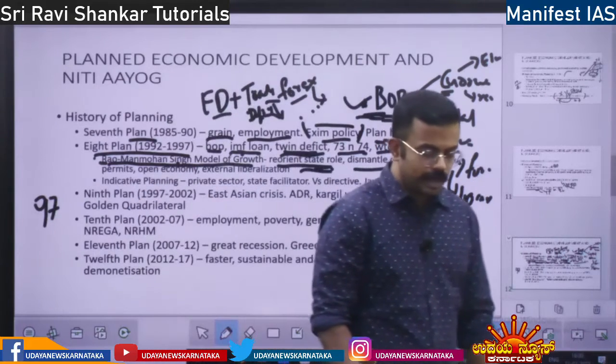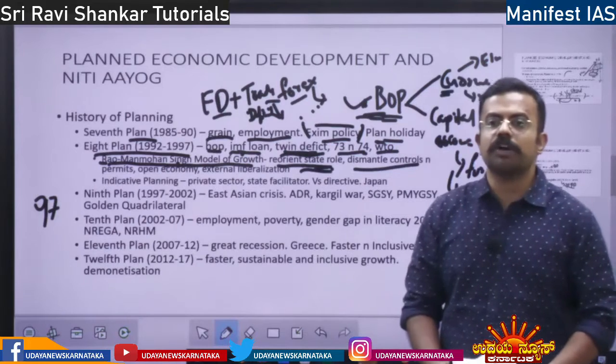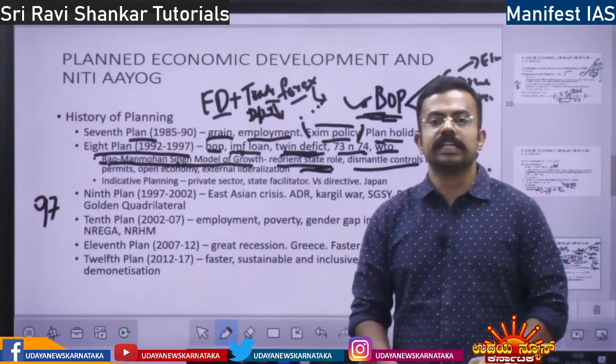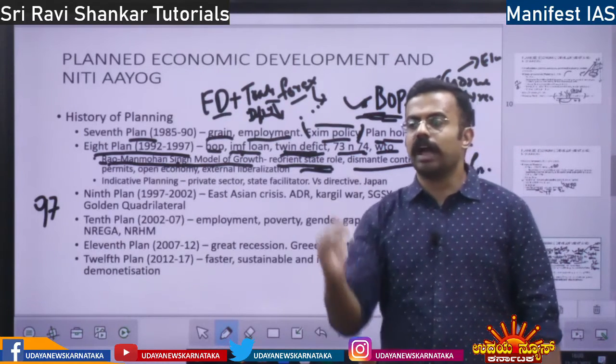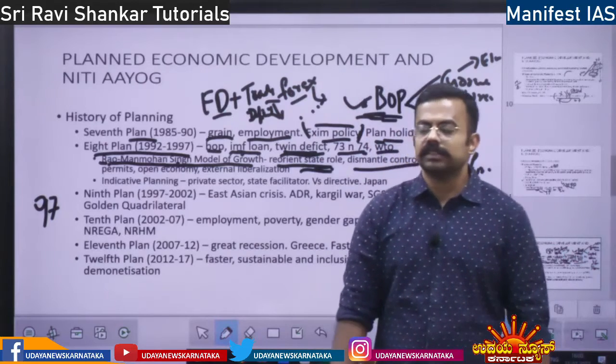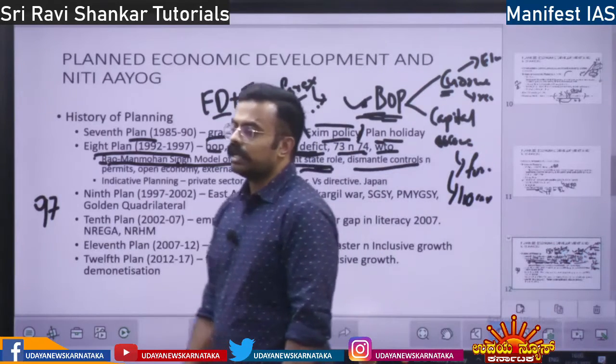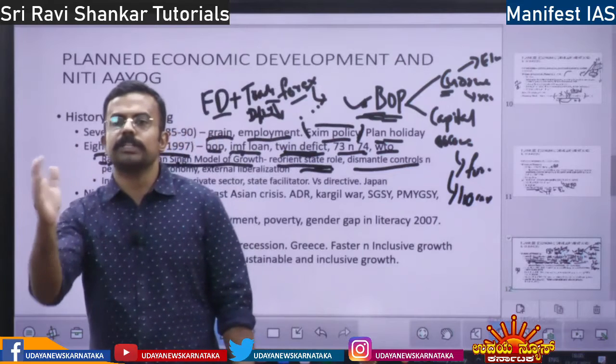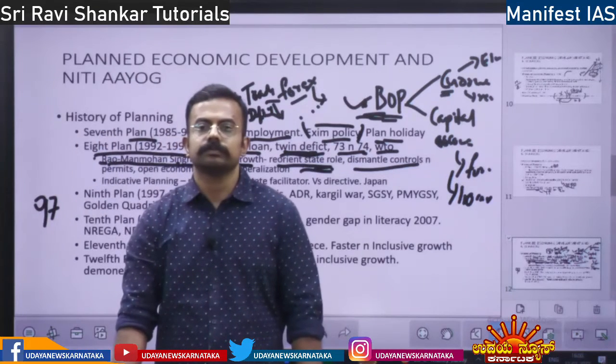What controls? Earlier there would be a policy of reservation. If you have some industry, they would say you have to manufacture only this much percentage of goods.